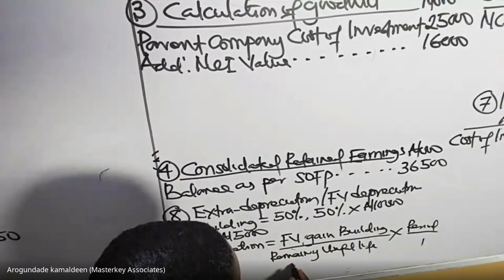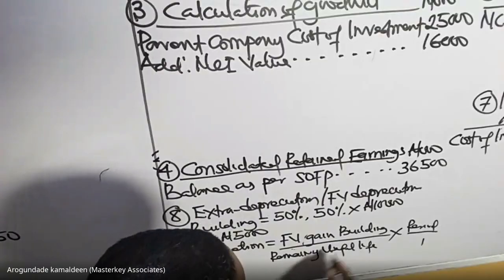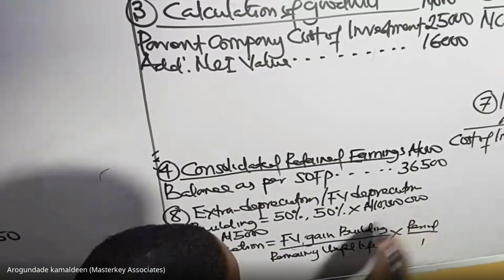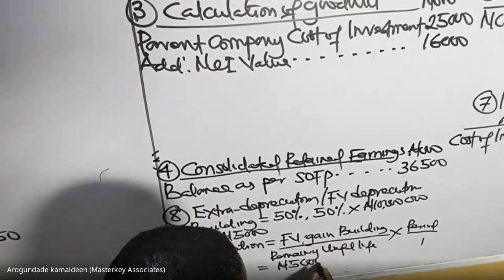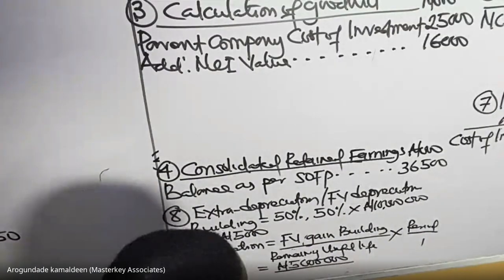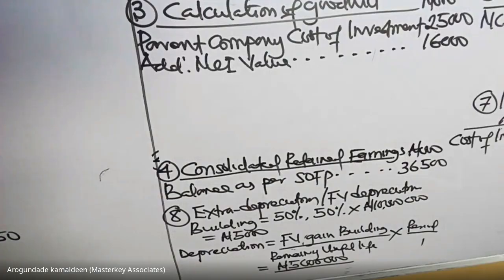Here we have 5 million. What is the number of years on that building? Tell me, class. 40 years. Okay, thank you.